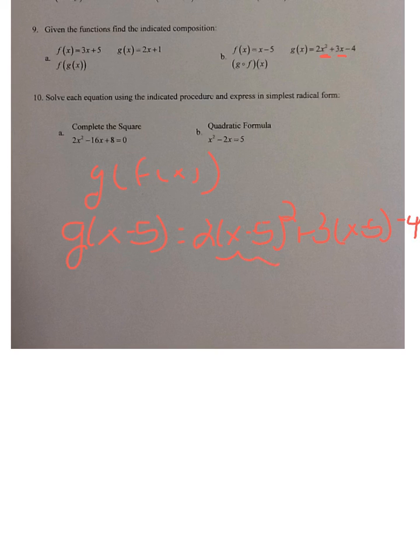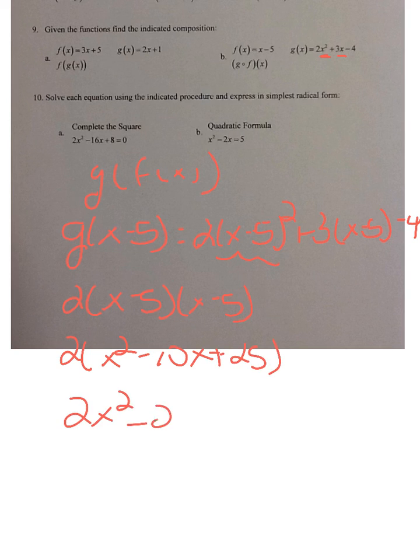All right, so I have to take care of the x minus 5 squared. So that's 2 times x minus 5 times x minus 5. So when I double distribute, it's 2 times x squared minus 10x plus 25. So that is 2x squared minus 20x plus 50. And then when I distribute the 3, I get plus 3x minus 15, and then I have minus 4.